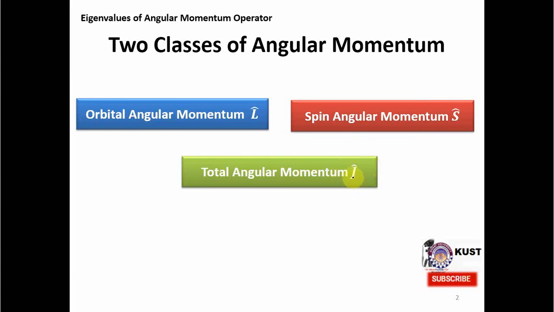This J can represent L, orbital angular momentum, when spin angular momentum is 0, or this J can also represent S when we are not considering L, or on the other hand this could be the sum of L plus S. In this lecture, and usually in courses of quantum mechanics, J refers to the sum of L and S, or we can have situations where S is 0 and J is only L, or when L is 0 and J is only S. It depends upon the situation.